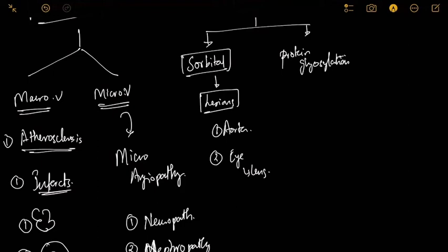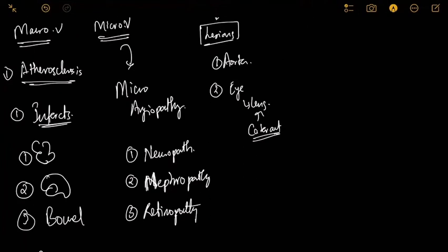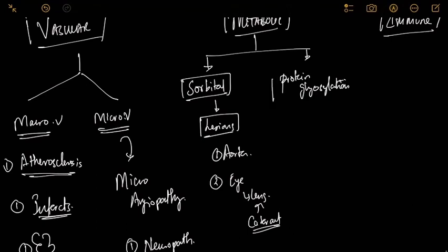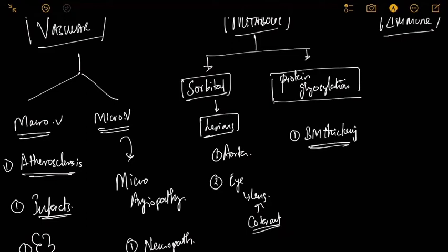So in this, what happens is that the individual may develop cataract, all right. And third are your kidney and nerves, all right. Now coming to protein glycosylation, we'll study your basement membrane thickening, all right, yes.